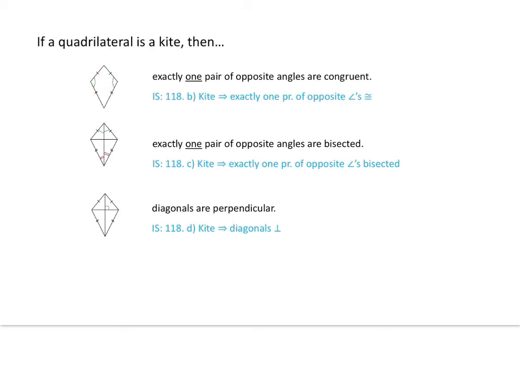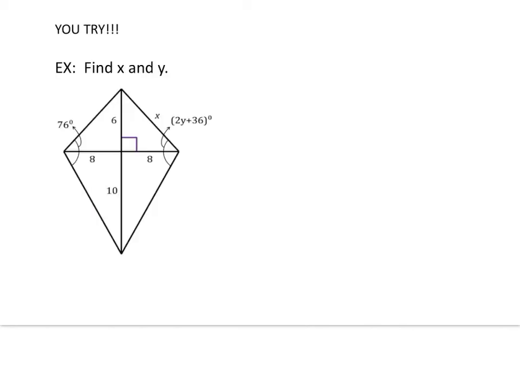Exactly 1 pair of opposite angles are bisected, as shown here, and diagonals are perpendicular. So based on these properties of kites, see if you can figure out how to find the value of x and y. So pause the video and try to find x, and then try to find y.